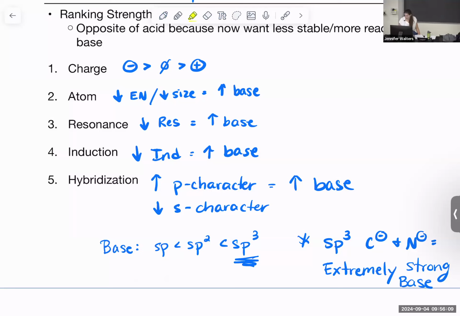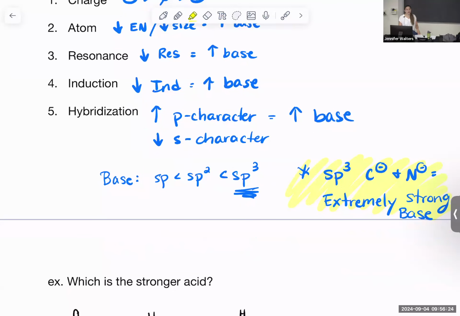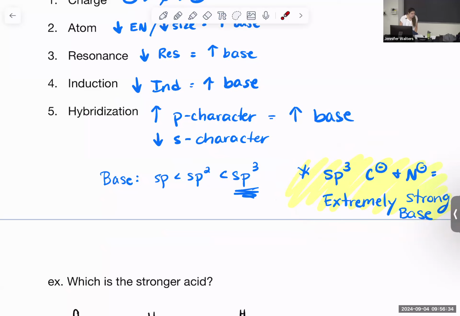So hydroxide is a strong base, but our extremely strong bases are going to be sp3 hybridized carbanions and sp3 hybridized nitrides, N-. So if you see those, just like how if you see one of your 6 strong acids, and that is going to protonate something, if you see this, it's going to deprotonate something, that is taking a proton. That is an extremely strong base.